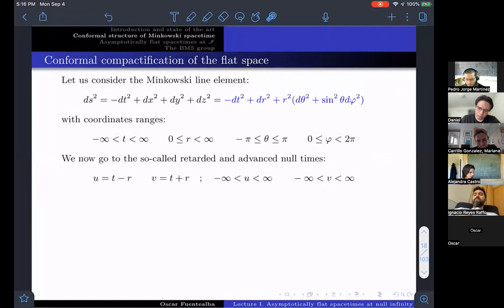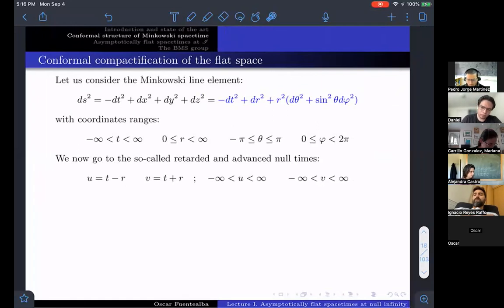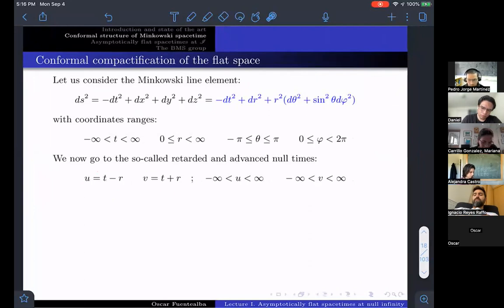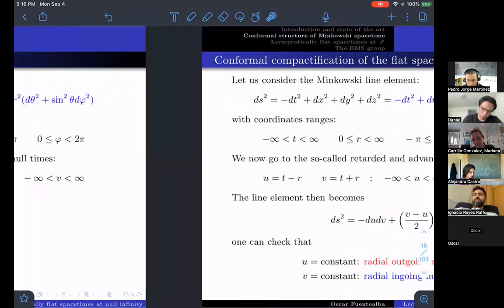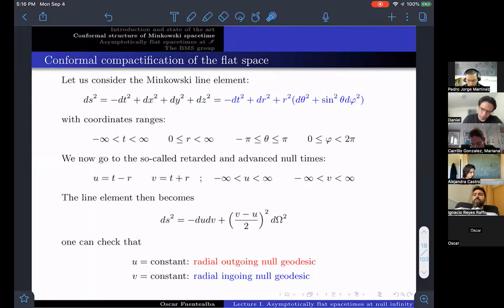Okay, so now the way that people construct the diagram is by going to retarded and advanced null times, whose expression is given by these equations here. But now u and v run freely from minus infinity to plus infinity. Okay, this is standard. And in this case, the line element takes this form, and one can check, very easily, maybe on the computer, or if you are smarter, just by computing, that for u constant and v constant, you obtain radial null geodesics.